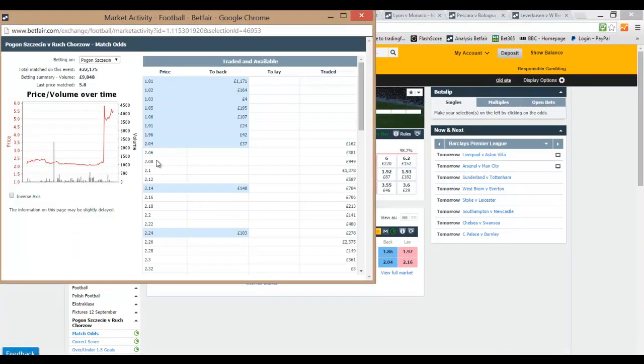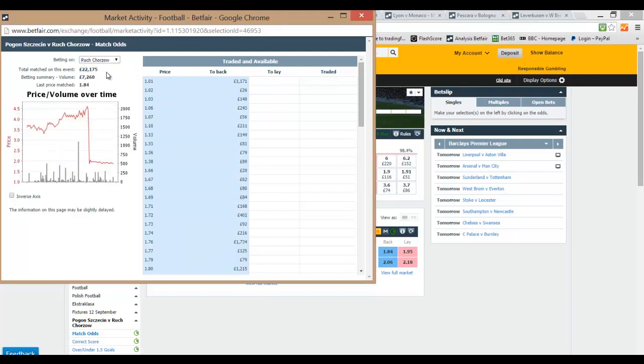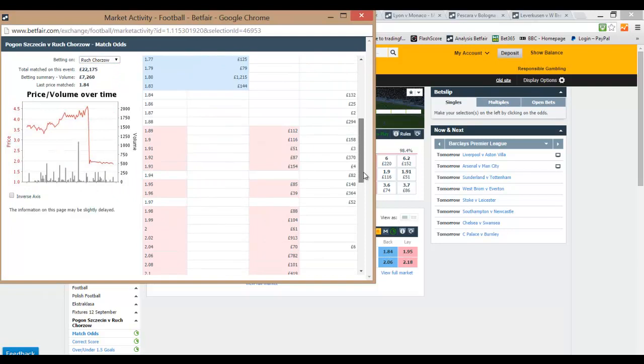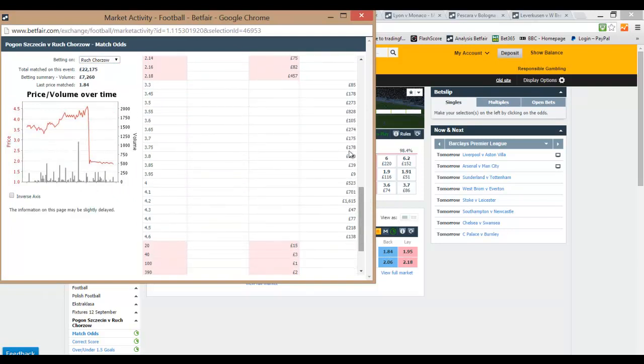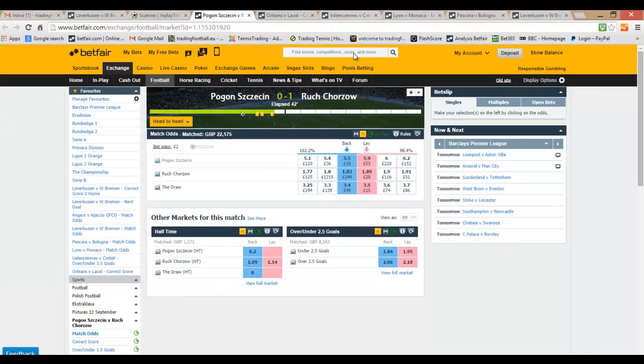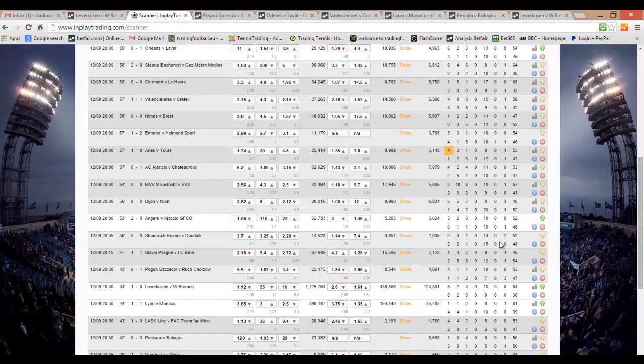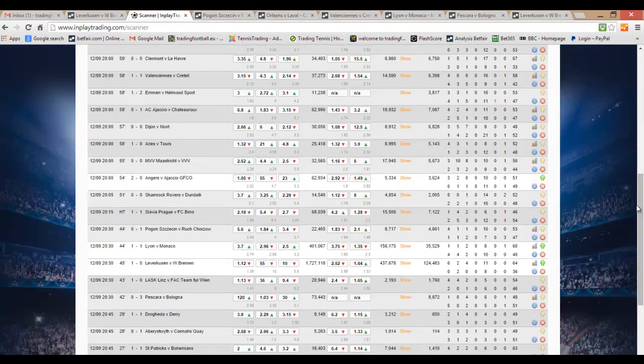What I want to do is check the match odds pre-match, and that's confirmed. The home side were 2.1 pre-match favourites. So that game looks another candidate for what's called the gunslinger, whereby we lay the leading team in the match odds market, and we also lay the 1-0 scoreline.